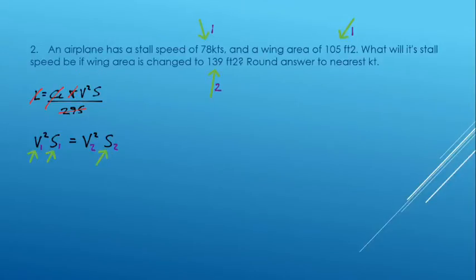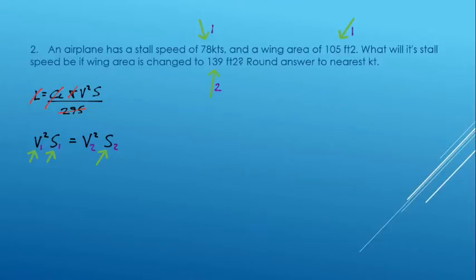So now I have two conditions that have to be equal. I've labeled them: condition 1, which is the original condition, stall speed of 78 knots at a wing area of 105 square feet.